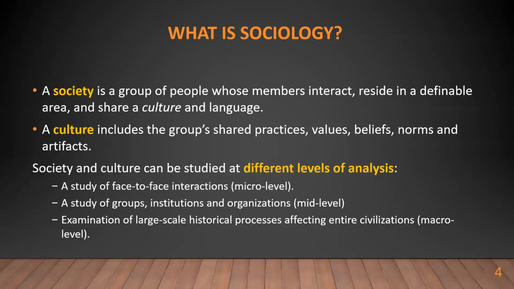Then we can study groups, meaning quite large groups, even several hundreds of individuals. We can study tribes, we can study institutions and organizations, and that would be the mid-level study. And then we can study large-scale processes, historical processes affecting entire civilizations. And they're historical because what happens to a civilization is actually the subject matter of history.